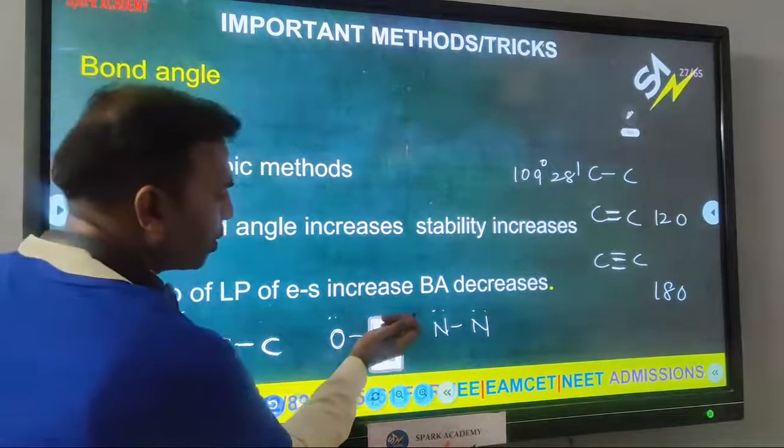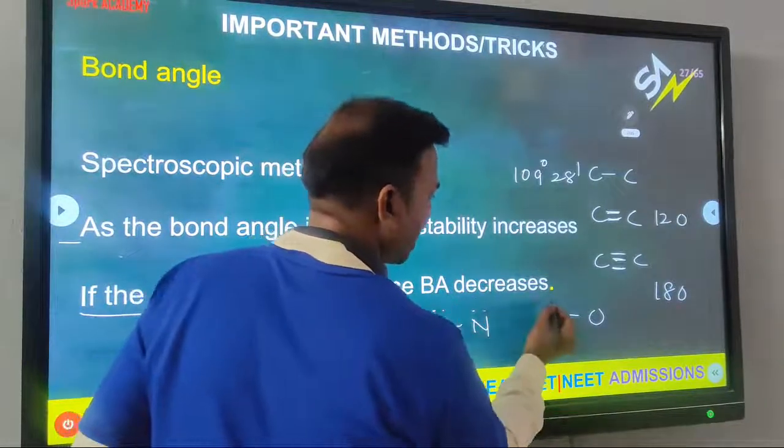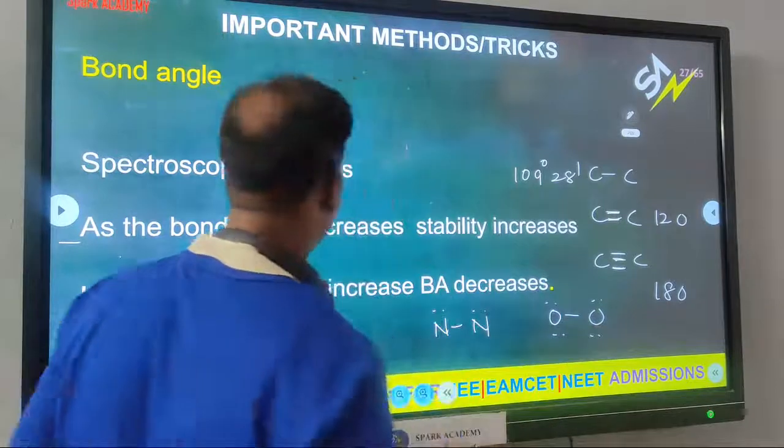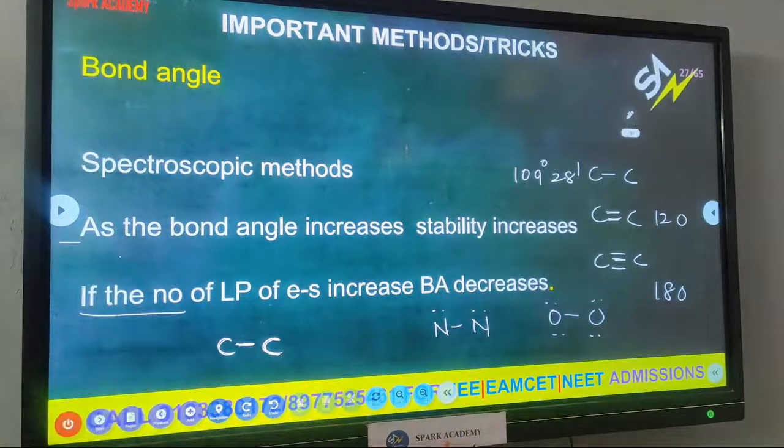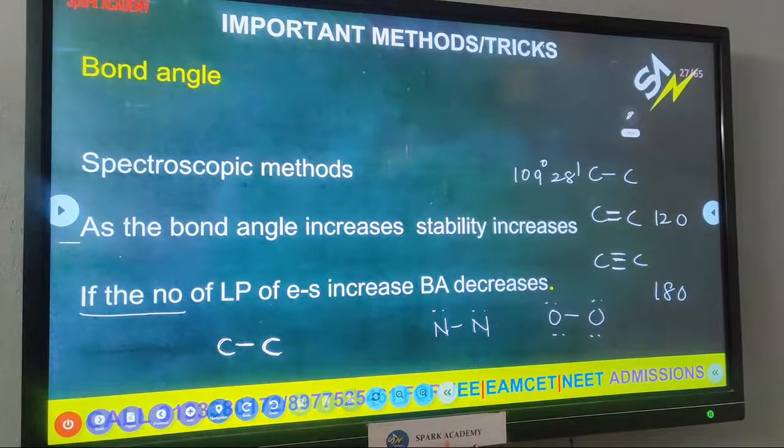We take nitrogen first, then oxygen. Compared with nitrogen, oxygen has 2 lone pairs. As the number of lone pairs increases, the bond angle decreases: carbon, nitrogen, oxygen. Which one has the lowest bond angle? The oxygen-oxygen bond. So this is the second application of bond angle.